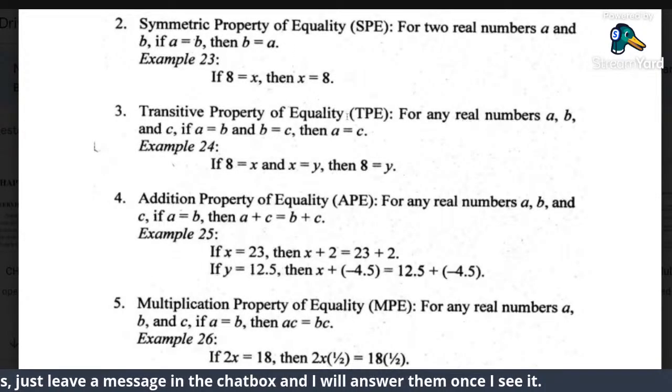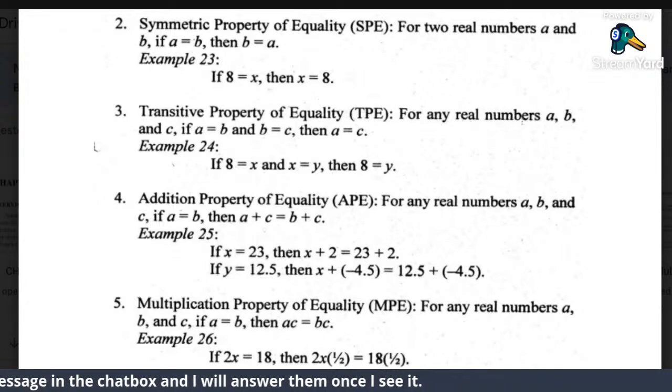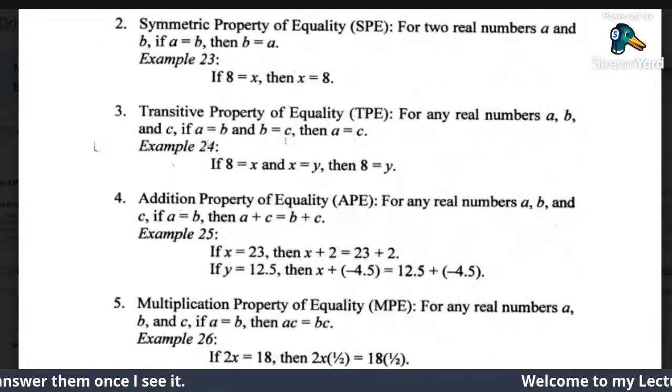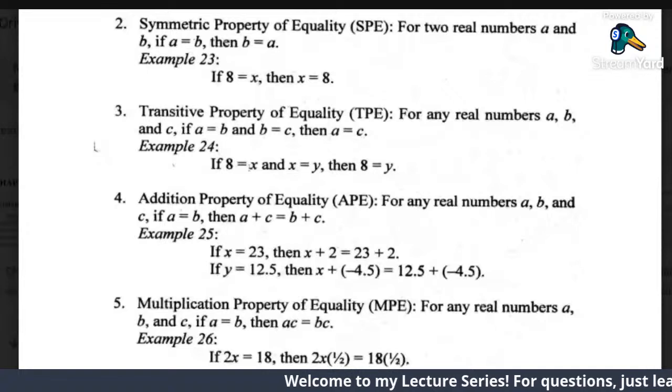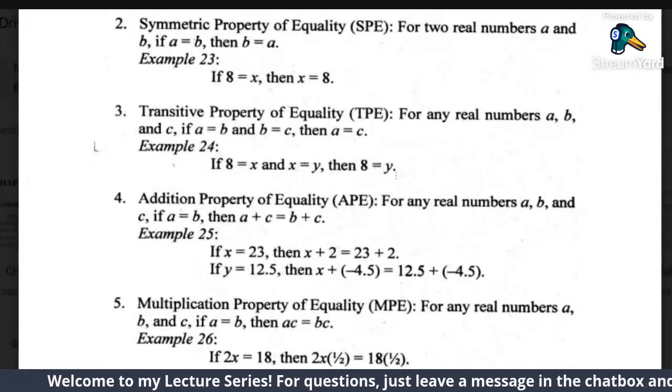Transitive property of equality, or the TPE: for any real numbers a, b, and c, if a is equal to b and b is equal to c, then a is equal to c. For example, if 8 is equal to x and x is equal to y, then obviously 8 is equal to y.